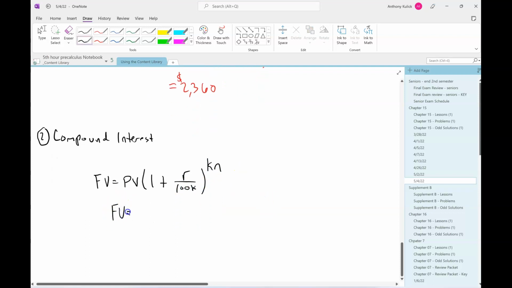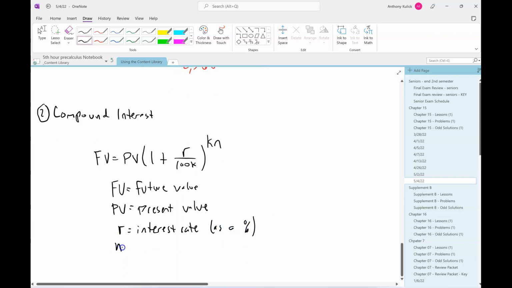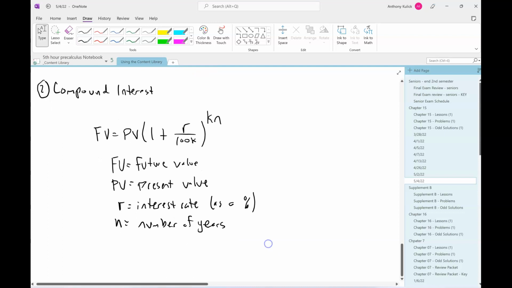So there's our compound interest formula. So the FV, the PV, the R, and the N are all the same still as the simple formula.